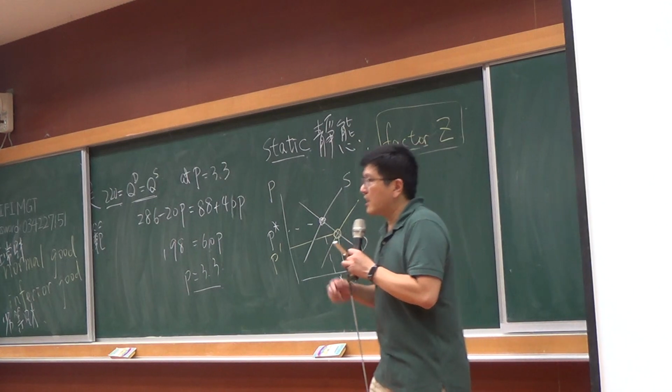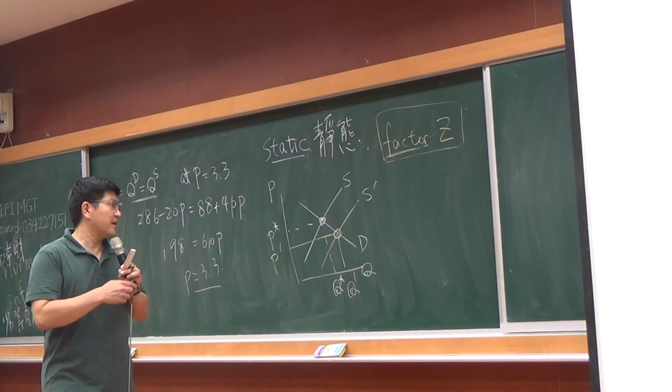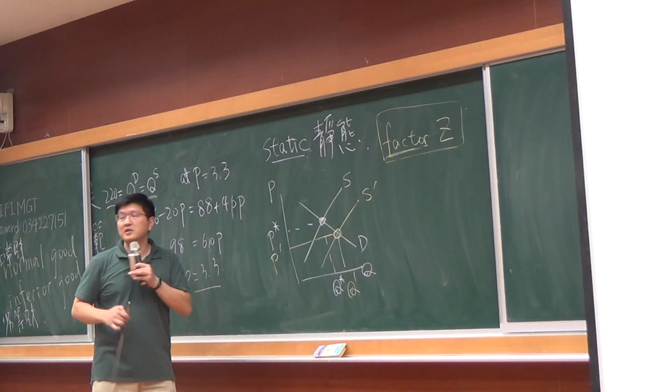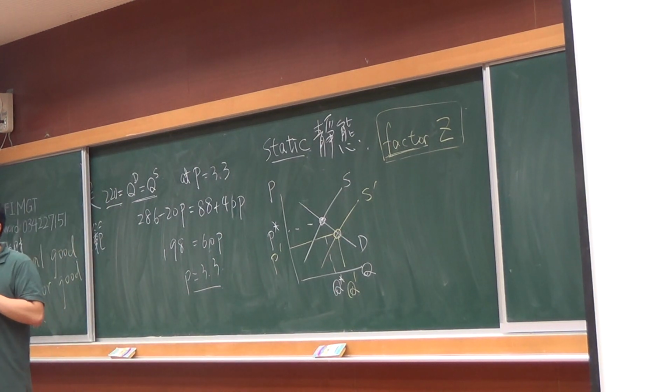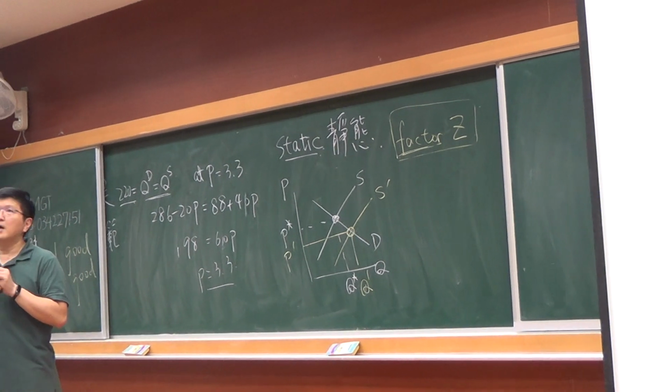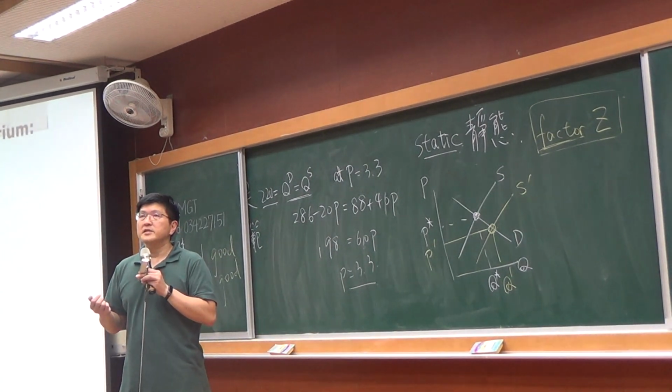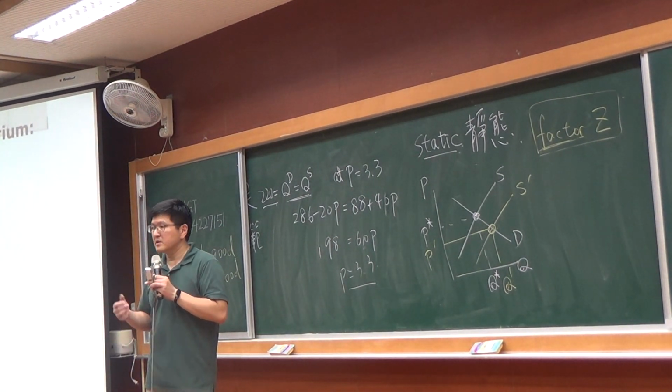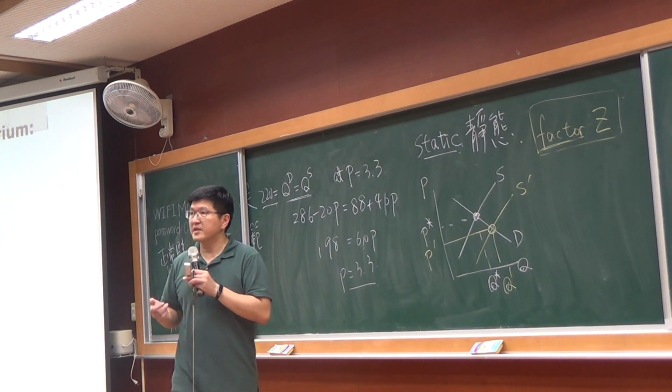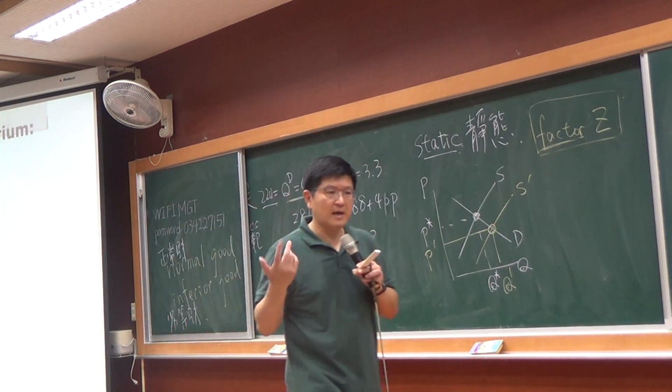So there are some other factors other than price, other than quantity. It can be the price of a substitute, it can be the price of a complement, it can be your income, or it can be your taste, your preference, or some natural disaster, some typhoon, or some other things.